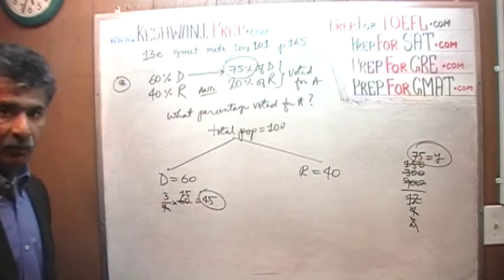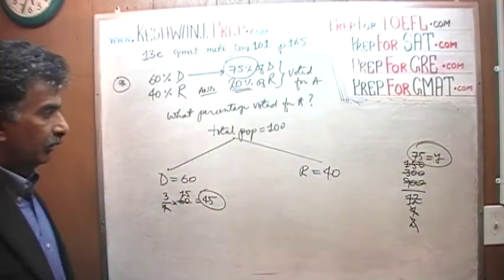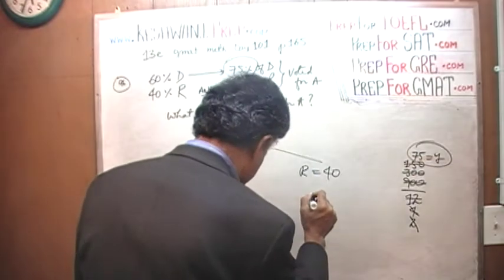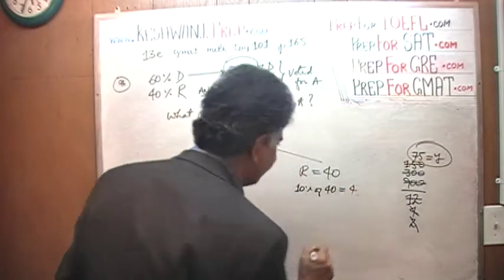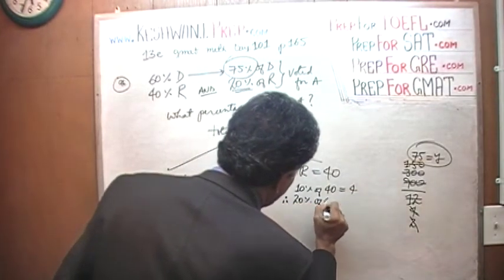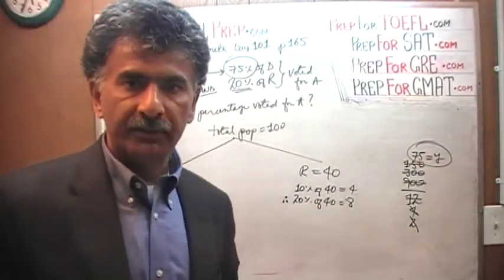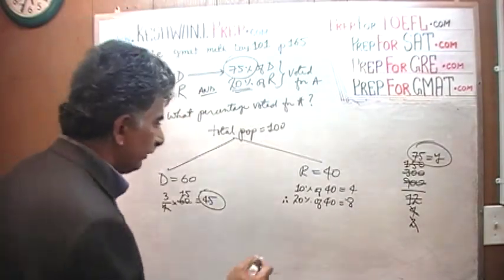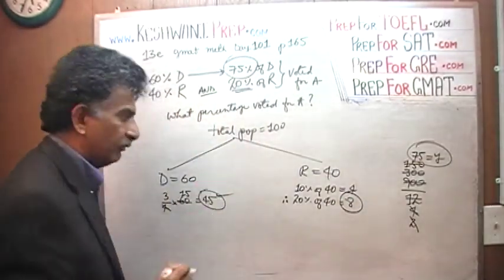So 45 Democrats voted for A. And we are further told that 20% of R voted for candidate A also. We know that 10% of 40 is 4, therefore 20% of 40 will have to be 8. Or, if you like, 20% is the same as 1/5, and 1/5 of 40 is 8. So 8 Republicans voted for this guy, and 45 Democrats voted for the guy.